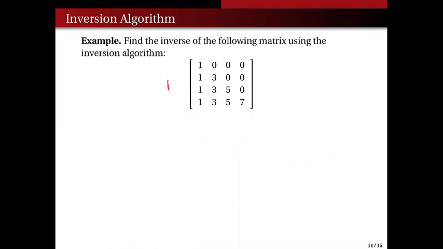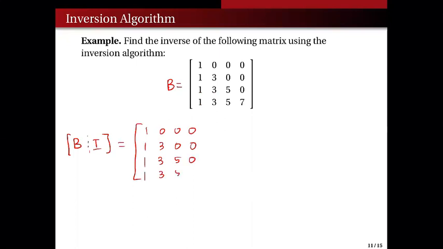So say this is your matrix B. You have the matrix B, augment it with I. So if we rewrite this, we will have 1, 0, 0, 0, 1, 3, 0, 0, 1, 3, 5, 0, 1, 3, 5, 7. Augment this to the identity matrix 1, 0, 0, 0, 0, 1, 0, 0, 0, 0, 1, 0, 0, 0, 0, 1.